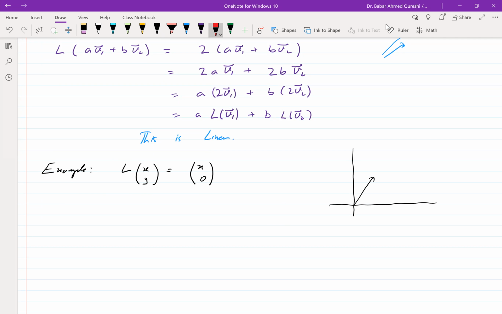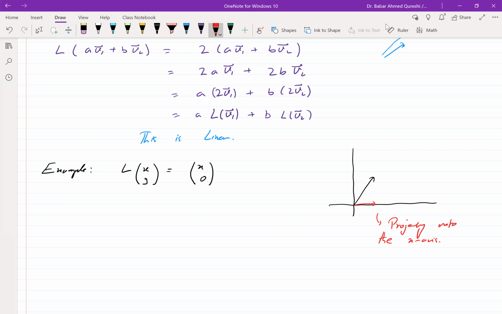So that means I just get this vector having it equal in length as the x component of my original vector. So this thing you're projecting onto the x-axis. So this operator, since it's an operation on the vector space itself, it's an operator.